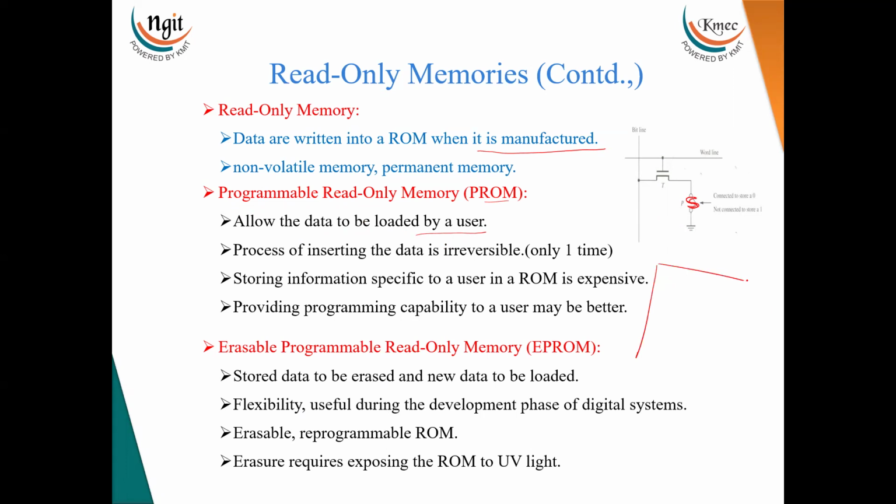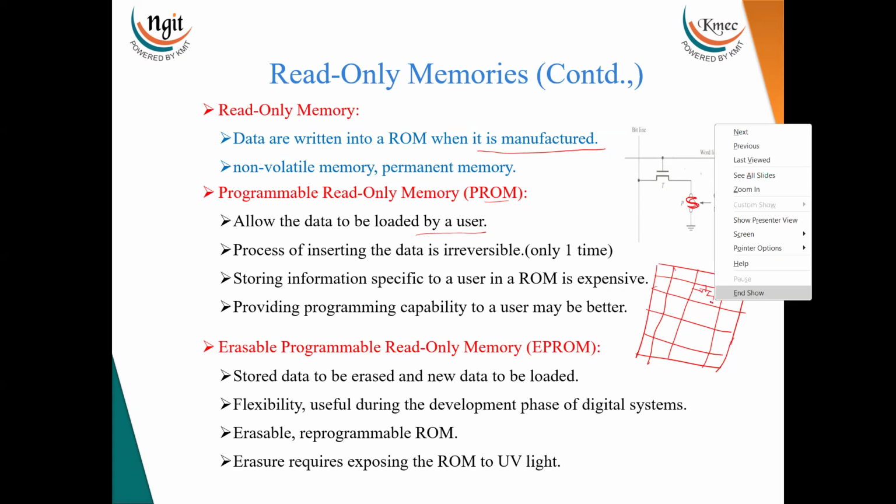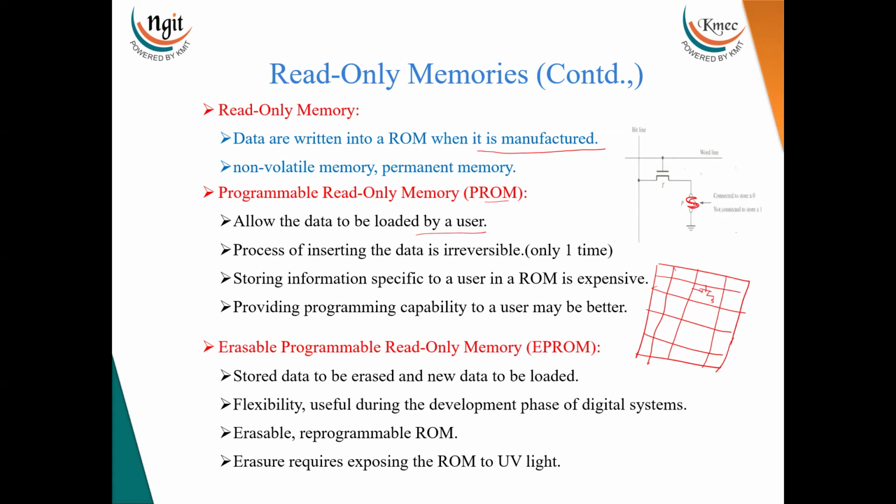If I take a huge memory, the memory is arranged in the form of arrays, as we have already discussed in the last classes. Now these are the connections. Here the transistor is connected like this, fuses are provided, and ground is connected, with fuses in between.